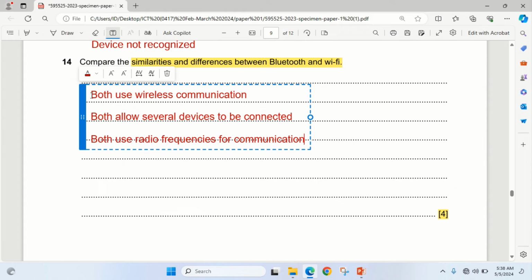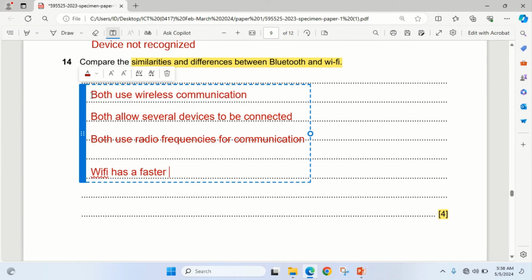You can also say that both use security when sending data. Then for differences, you can say Wi-Fi has a faster data transfer rate than the Bluetooth.